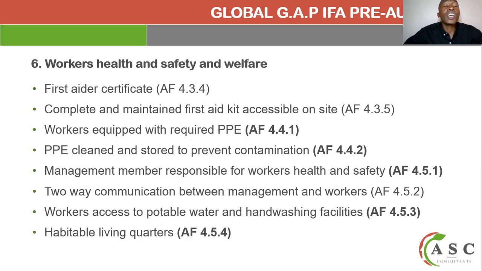Then in an instance where workers have access to housing on the farm, those living quarters must be habitable and of sanitary condition. Special attention must be paid to doors. The doors must be able to open and close.